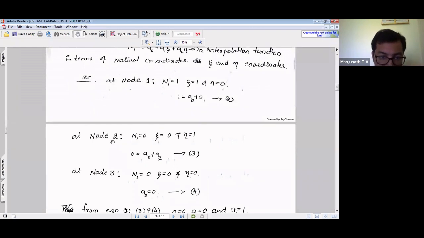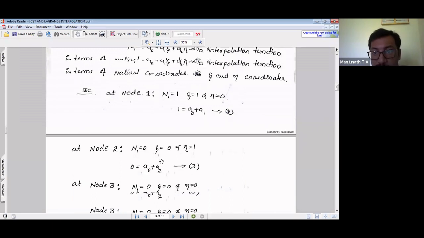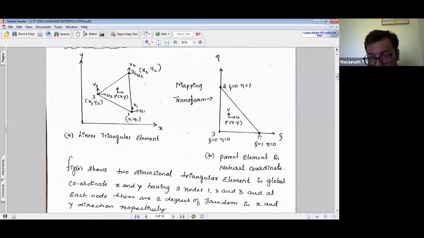Similarly, at node number 2 and node number 3, we are going to consider only the value of the first shape function n1. Since n1 is unity at node number 1, the remaining nodes have the value 0.